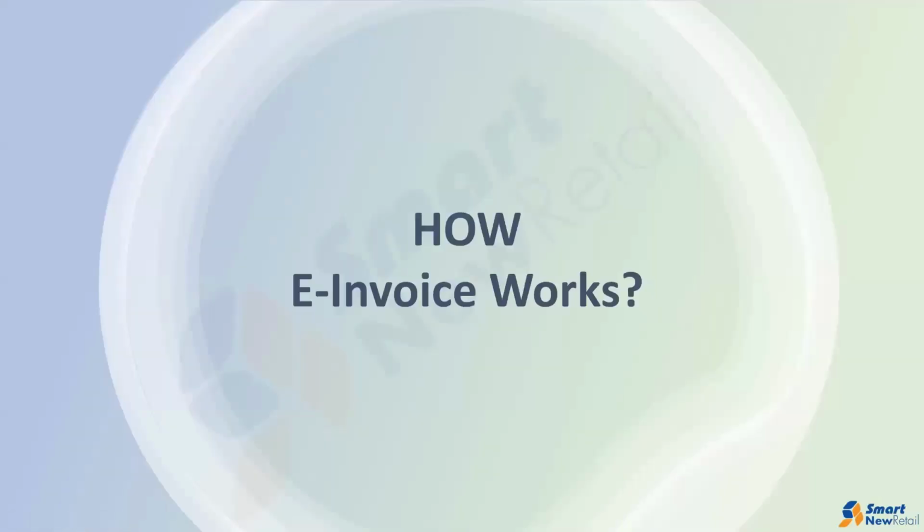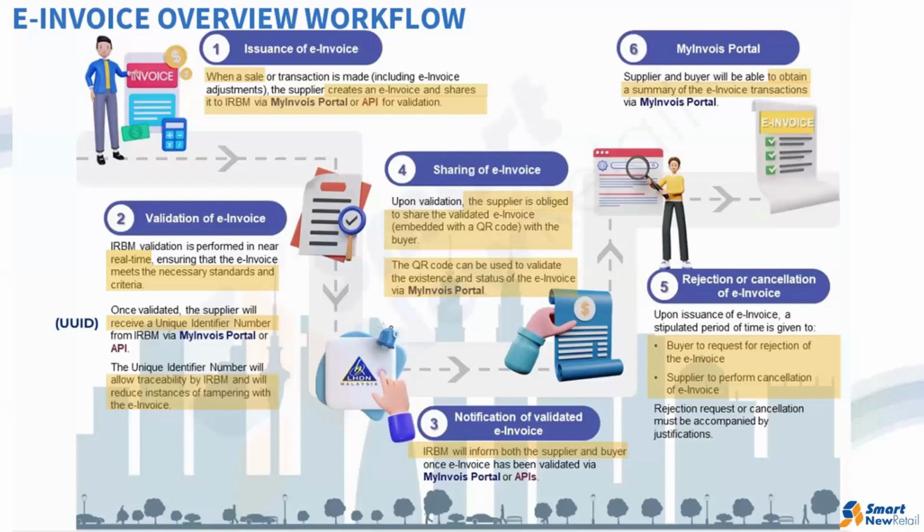So how e-invoice works. This is an overview of the workflow of the invoice. We will issue an invoice like normal. Then once we issue it out, we will validate the invoice. Once validated, we'll have the notification.